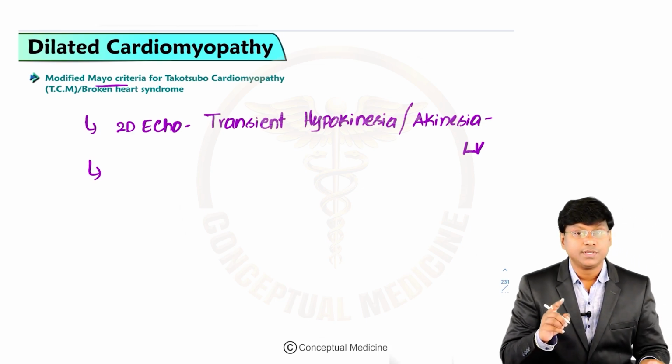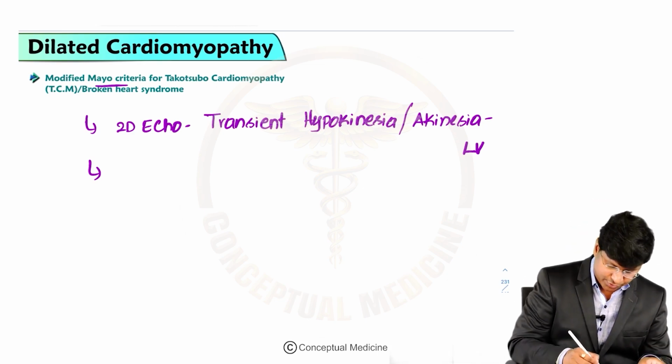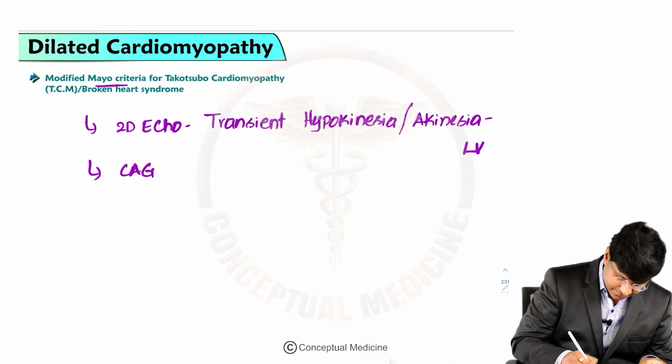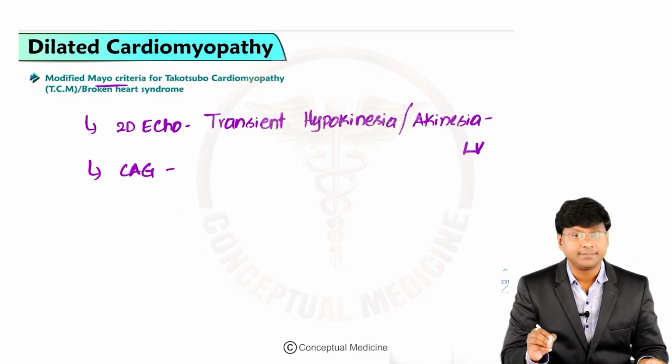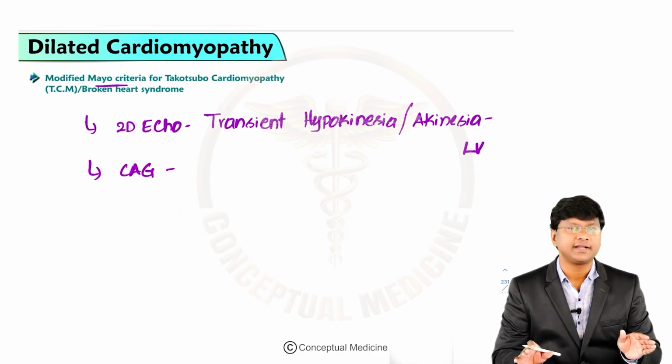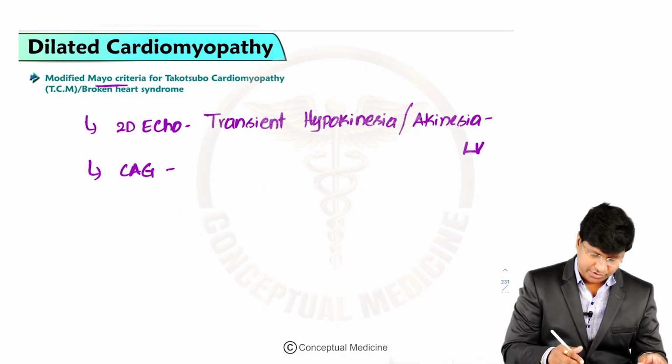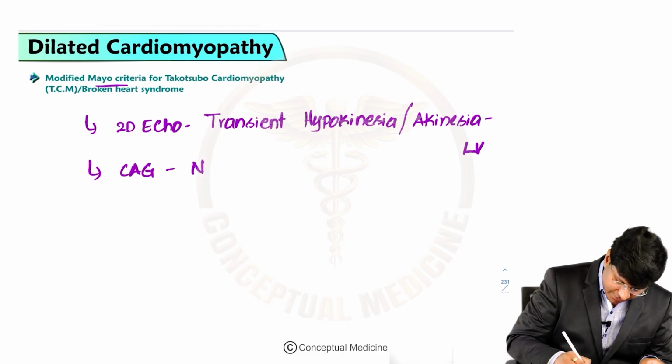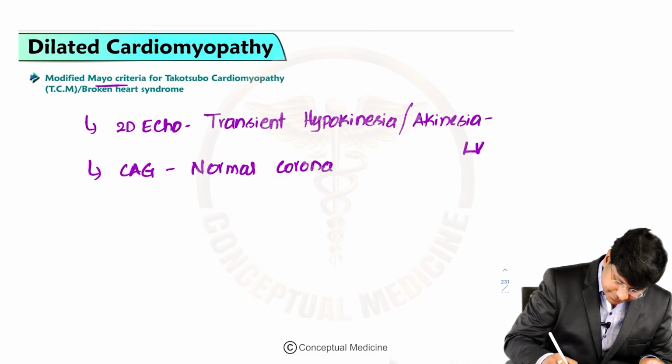Number 2, the coronary angiogram shows absence of any coronary artery occlusion by a thrombus, so there will be normal coronary vasculature.